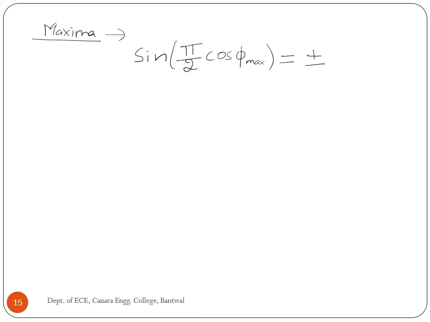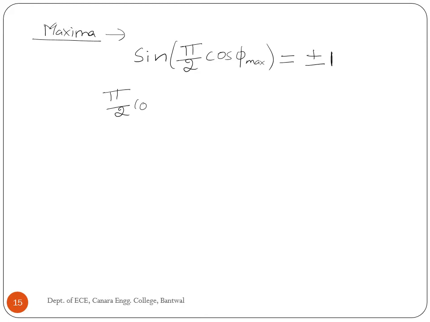To plot the relative field pattern, we have to find maxima, minima and half power points. To find the maxima direction, E normalized equation, that is sine of pi by 2 cos phi, maximum value is equated with plus or minus 1.